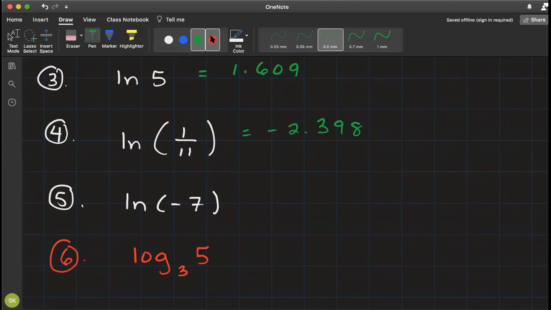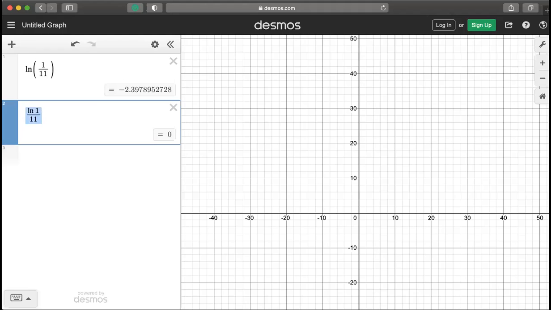ln of -7. Let's see what happens when we try to put that in. So I'm going to say ln of -7. Oh, I got undefined. Now, why did I get undefined? Why didn't I get a number? If you remember from the last video, we said that the domain of a logarithm is 0 to infinity for any log.